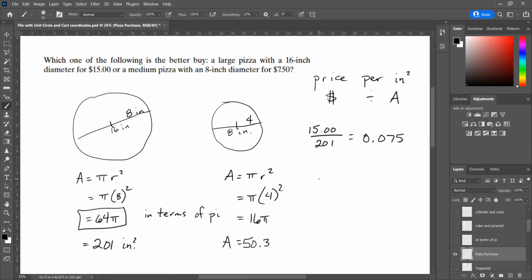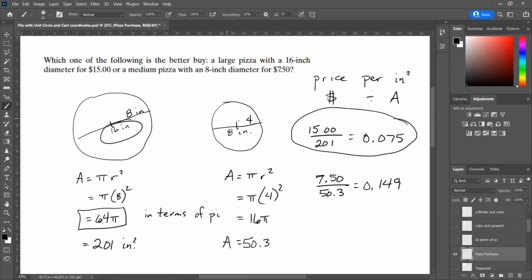And the price per square inch for the medium pizza, its price was $7.50 divided by the square inches, gives me 0.149 or 14.9 cents. So the large pizza is definitely a better deal. Notice the diameter here was 16 inches and was 8 inches there. So we doubled the diameter and they doubled the price.